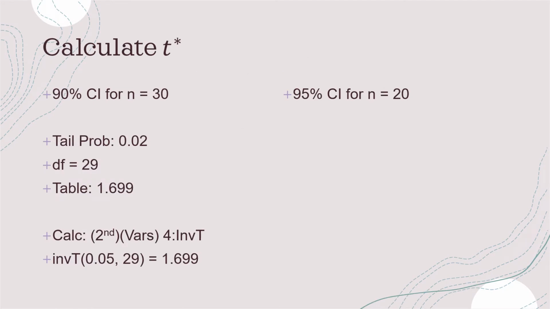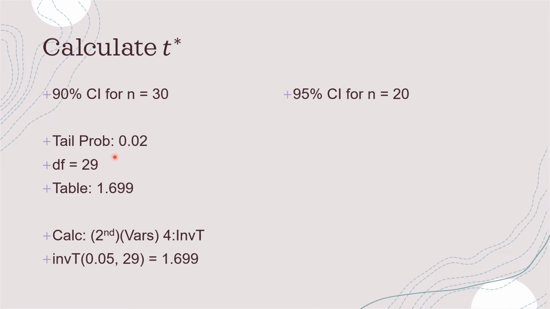So an example here, using your table, if you want a 90% critical value, n equals 30, you would use your tail probability would be 0.05. Yeah, it should be 0.05.